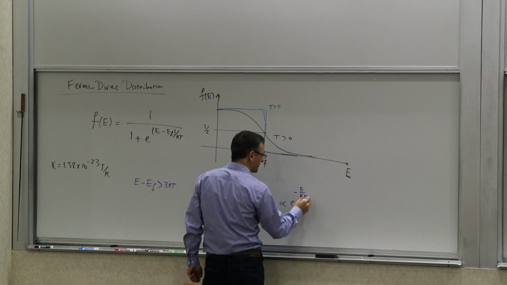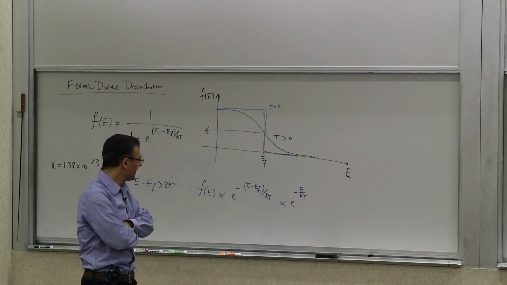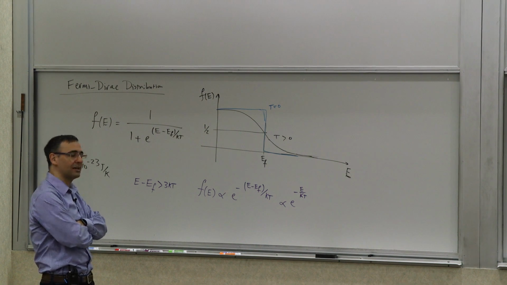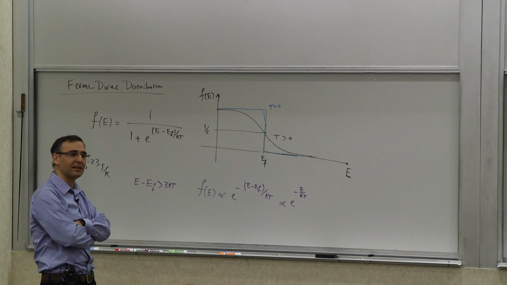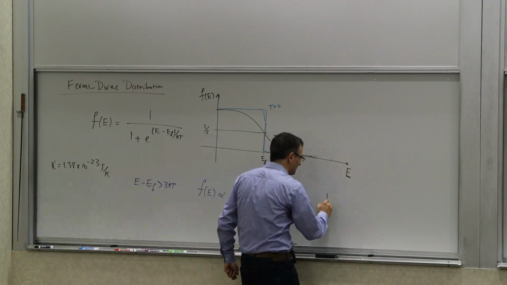What does this look like? The probability of finding something with an energy of capital E being proportional to e to the negative E divided by kT. This is the Boltzmann distribution.